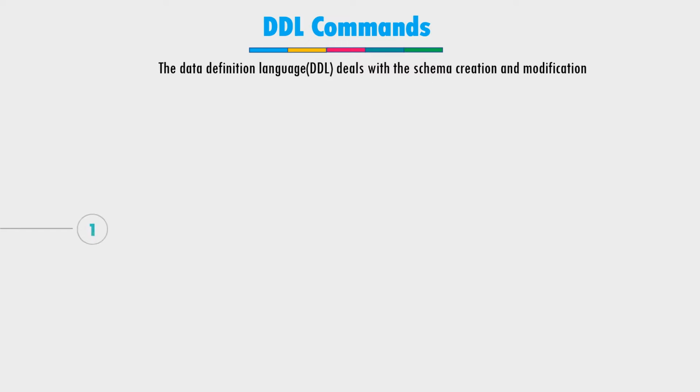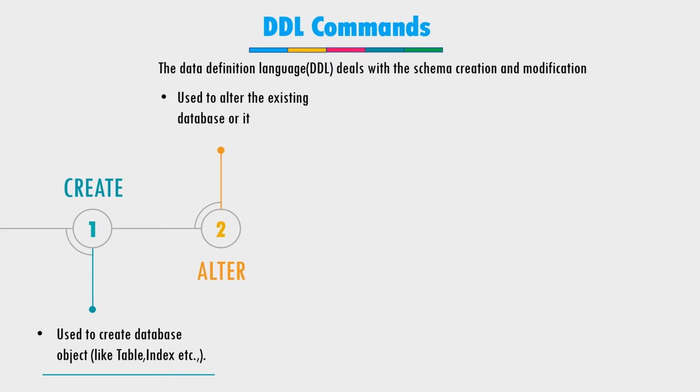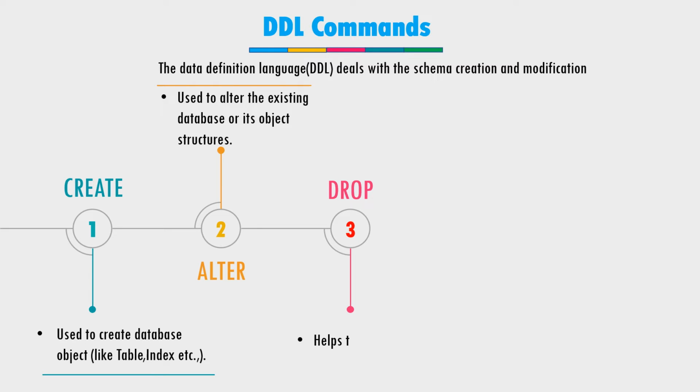First one is create. Create is used for creating the database objects like table, views, index, etc. Second one, alter. Alter is meant for making alterations to the existing database schema and modifying its object structures. Third one is the drop command, which is helpful for deleting the database objects when we do not need those objects in the database system.